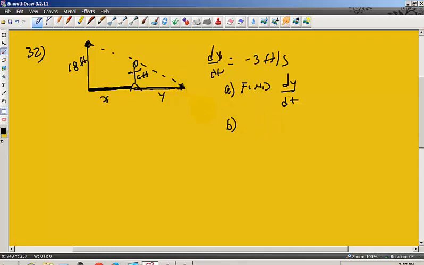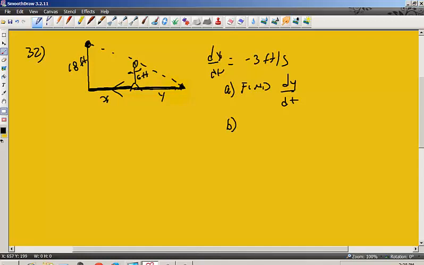We're going to find the tip in a second, but think about this. This person is moving in this direction. Will the shadow get smaller or bigger? It's going to get smaller. If you get closer to the light, it's like the sun is right above you, so the shadow's going to start shrinking. That means my dy/dt is going to turn out to be negative.